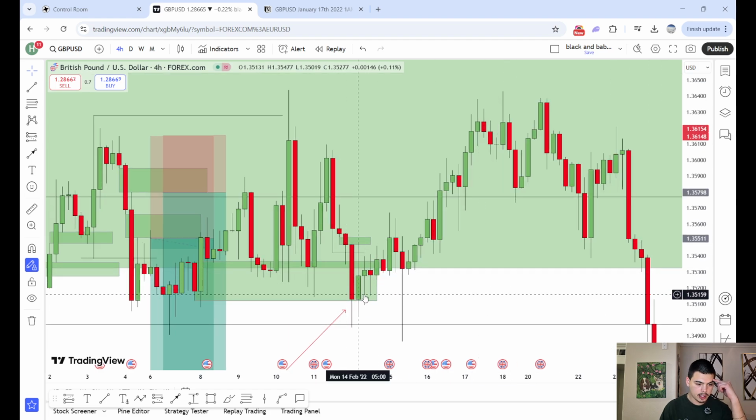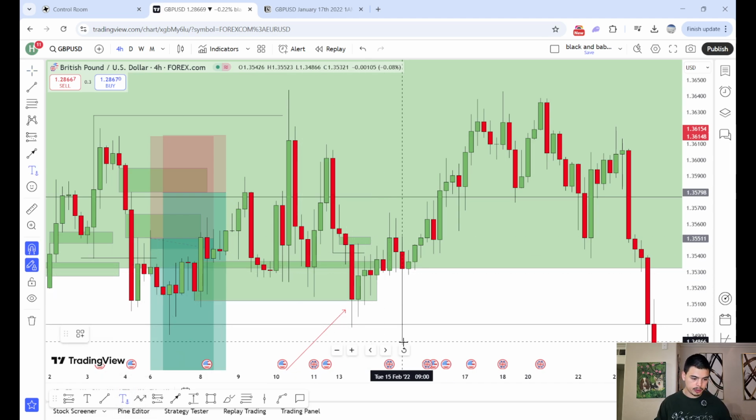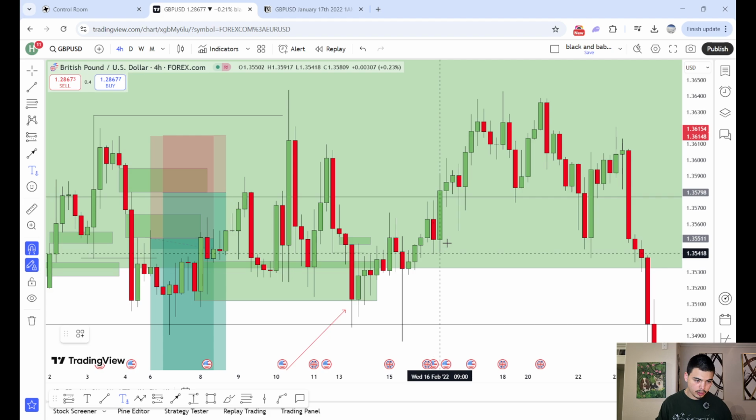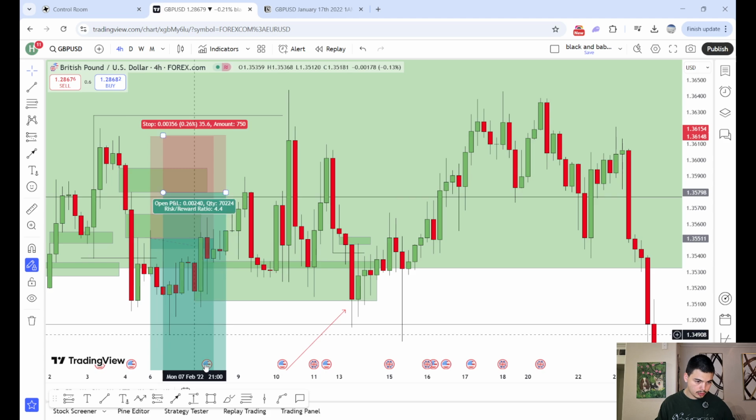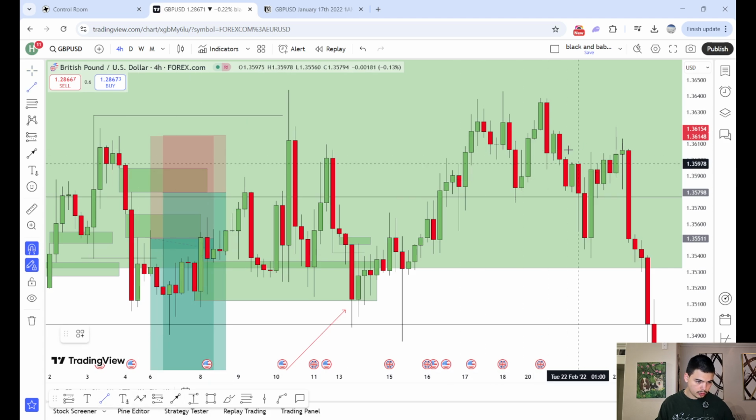We are not taking that entry. Three candle wick swing low. We have the three candle wick swing low here, here, here. We're just looking for the three candle wick swing lows right here. Three candle wick swing low right here.